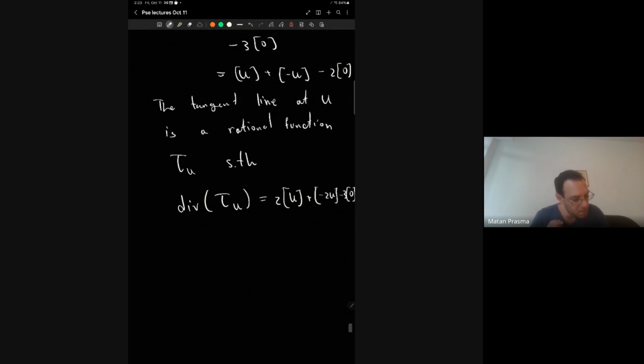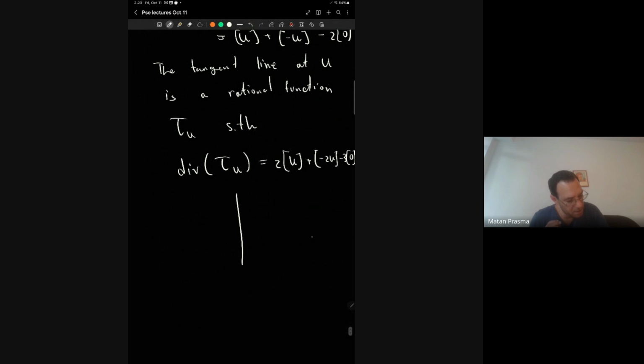And the picture here is similar. Let's say I have some U here. Then I draw the line that is tangent to U, and this line, what happens? It intersects. I mean, this is 2U, and this is minus 2U.